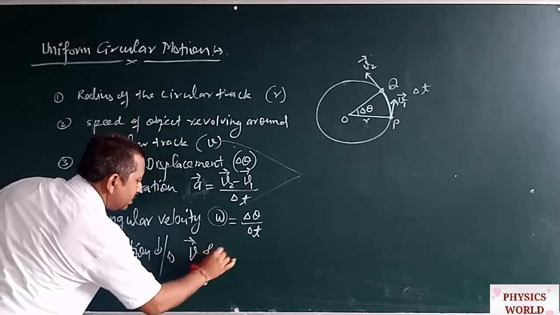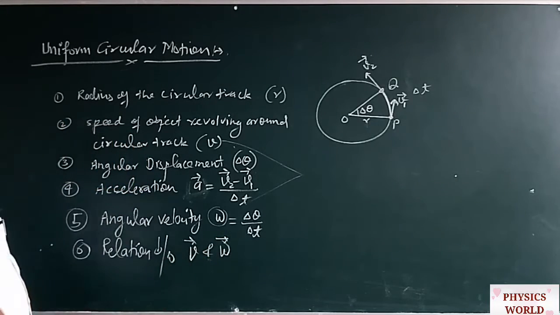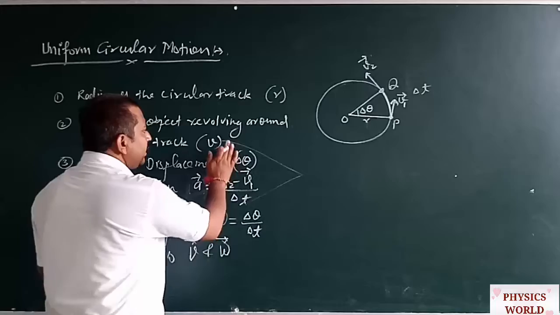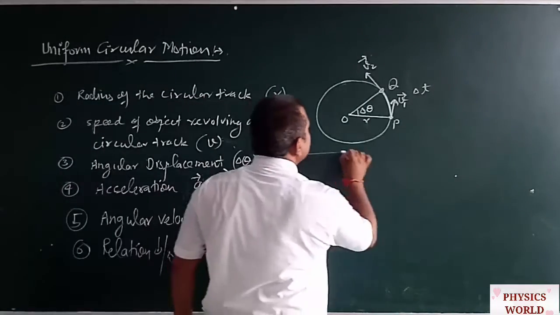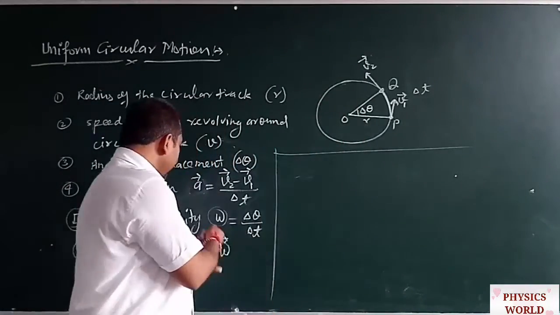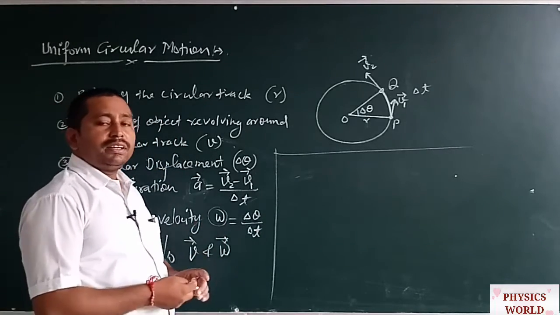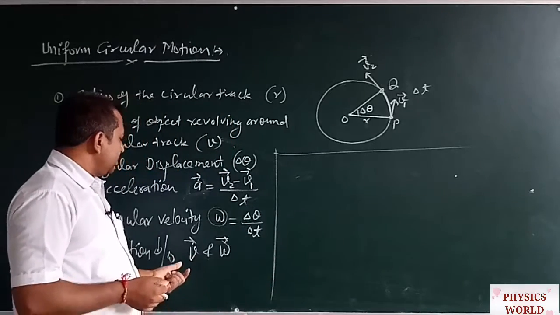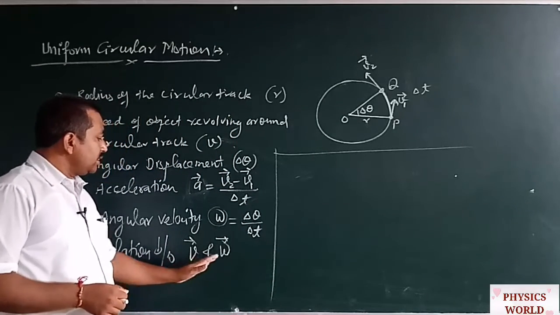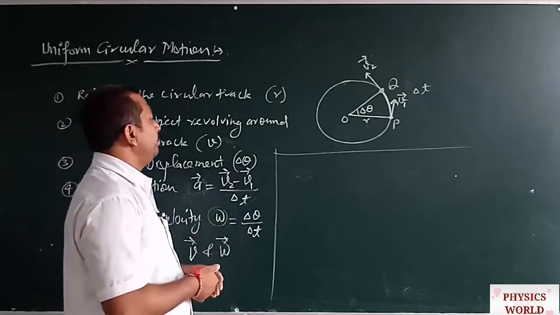since v and omega both are vector quantities, but we have to define a simple relation between their magnitudes, not between the vector quantities. In the next chapter, that is in rotational motion, we derive a different equation for this, in which they are related to each other in vector form.